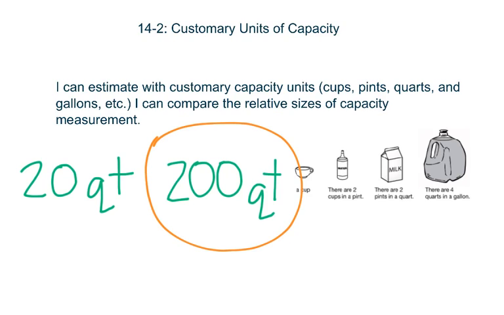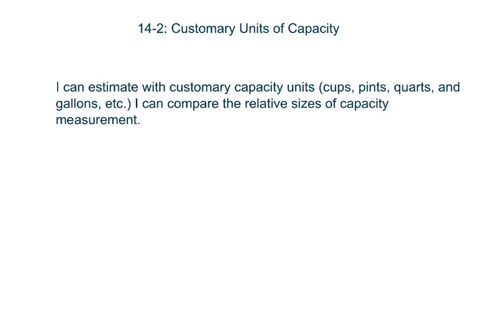So depending on the situation, you might find objects that are the same but have different capacities based on their sizes. The other thing that can be a little bit tricky when it comes to units of capacity is sometimes there are more than one correct answer. For instance, if I were to think of a cat or dog's water dish, I could really measure that in cups, or I could measure in pints. They're close together, so you'll notice that there can be more than one correct answer in certain circumstances.